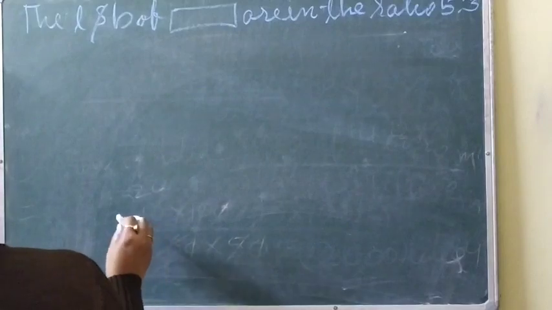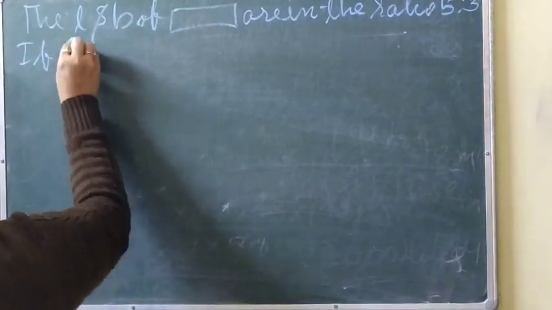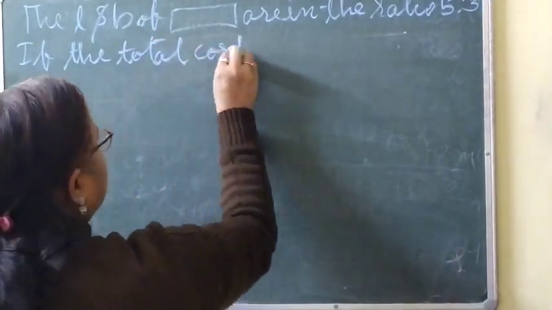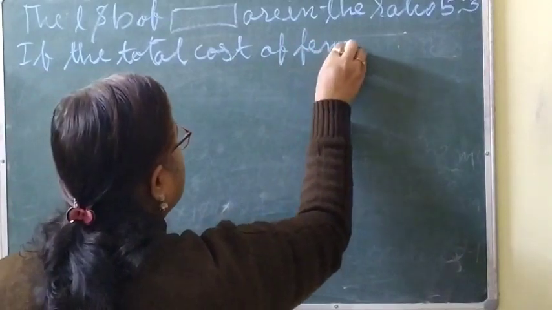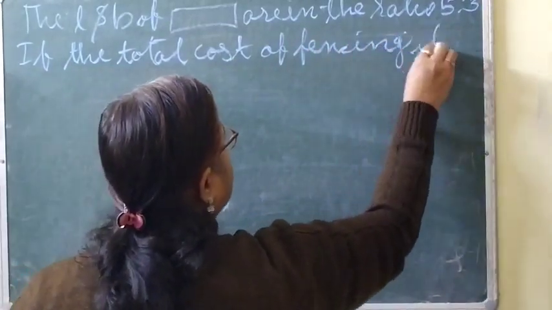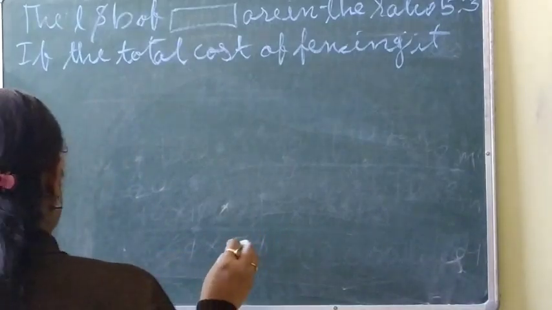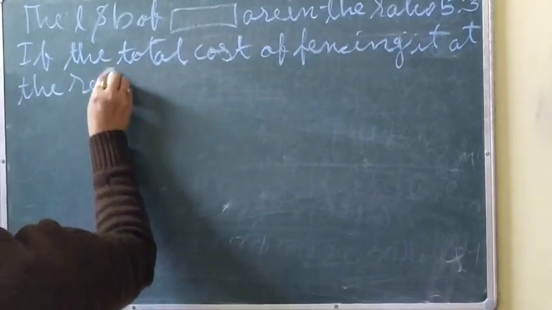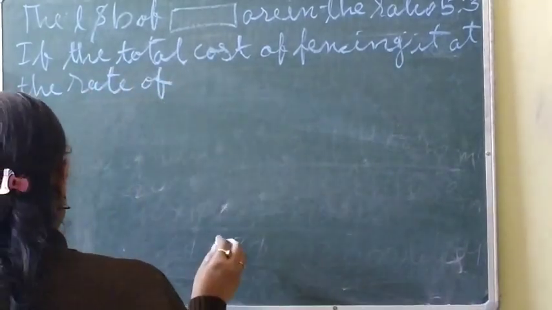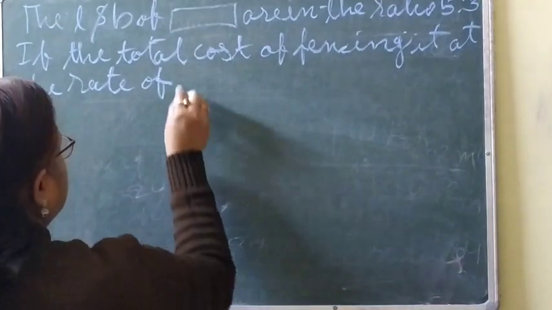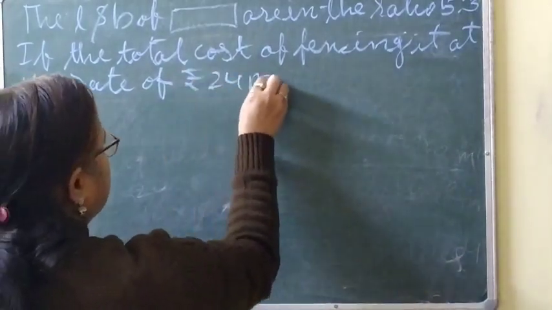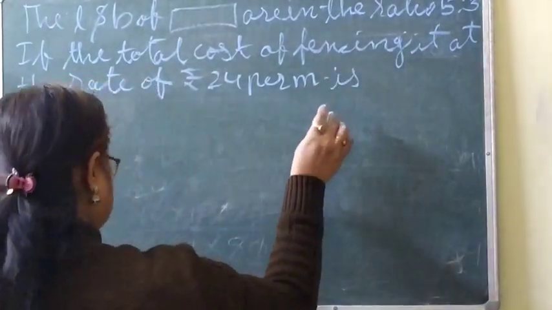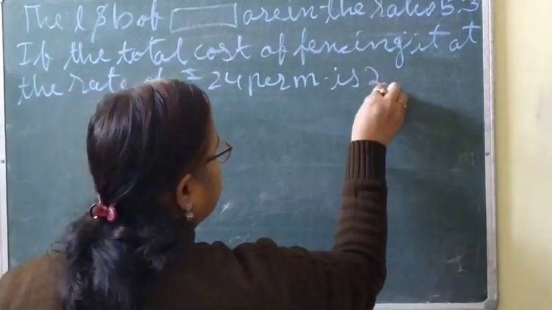If the total cost of fencing it at the rate of rupees 24 per meter is rupees 9,600.